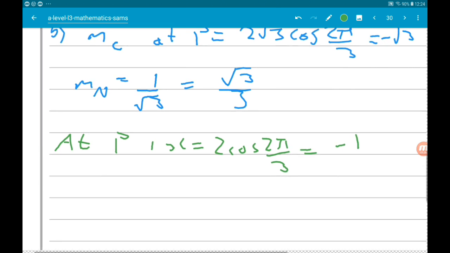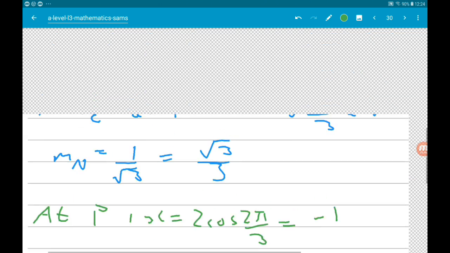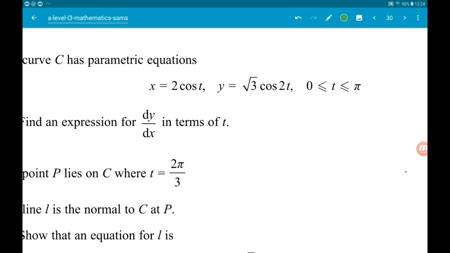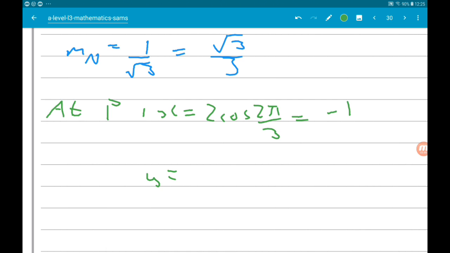And y is equal to root 3 cos of 4 pi over 3. And that gives us minus root 3 over 2.